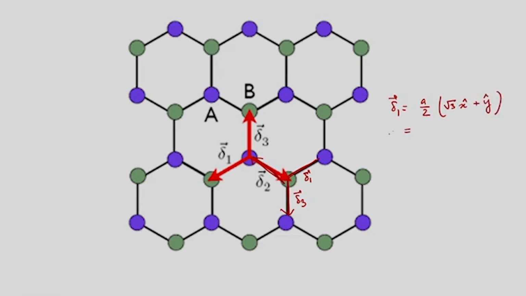So, delta 2 equals a by 2 times minus root 3 x cap plus y cap, where your x direction is this and your y direction is this, and delta 3 is particularly simple, it is equal to minus a y cap. Okay.